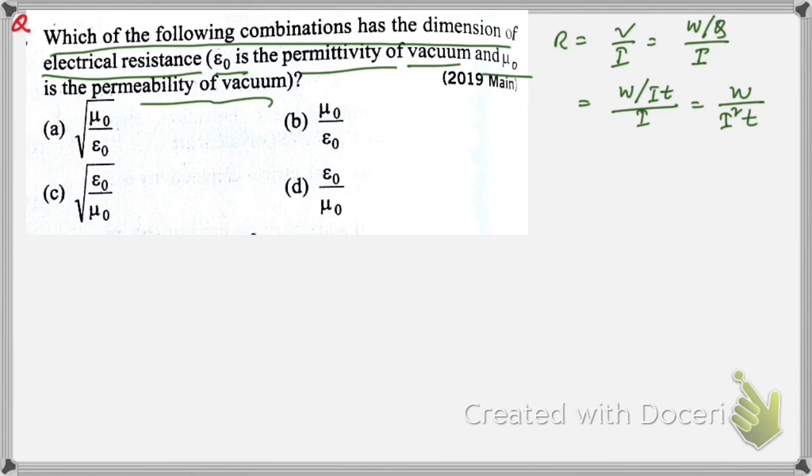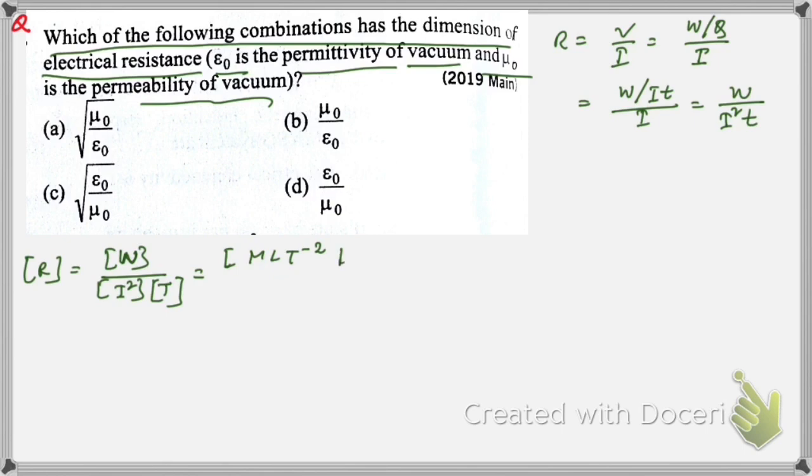So dimensional formula of resistance is going to be the dimensional formula of work done divided by the dimensional formula of current square and the dimensional formula of time t. Here work done is nothing but force into displacement. Force we know is M L T to the power minus 2, mass into acceleration, right?